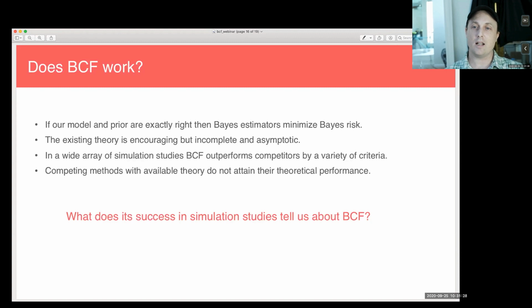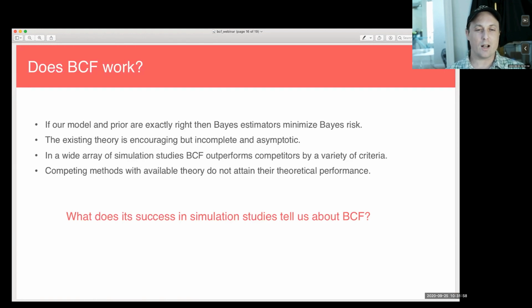When I say a variety of simulation studies, I have in mind the Atlantic Causal Inference Conference data analysis challenges. I believe there have been 3 or 4 of those. As well as a couple of our own simulation studies, and then at least 2 or 3 other papers that have done bake-offs in simulated data. And BCF doesn't ever tend to do very badly, and quite often it's the best performing method.